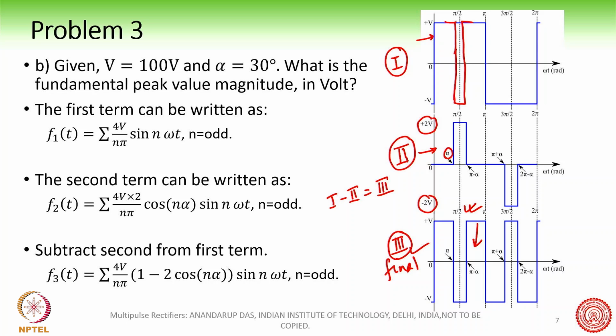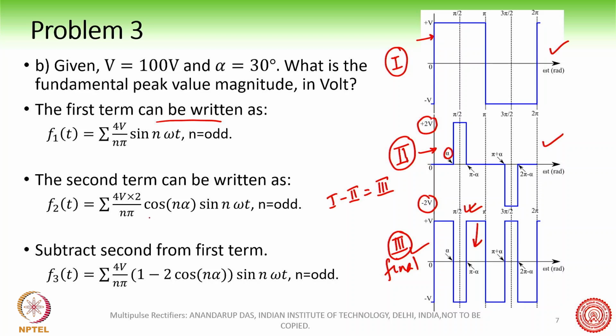So now I will find out the Fourier series of this waveform and this waveform and subtract them. Okay, so we have already seen that, just hold on for a second. First term, so what is the general expression?